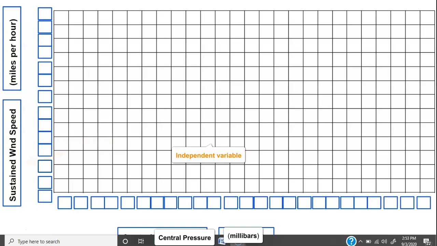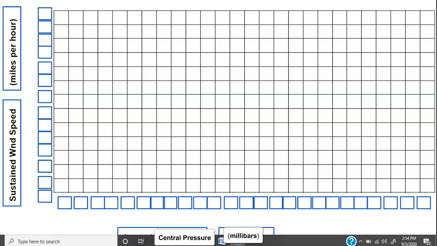And my dependent variable is the variable I'm measuring for a change. In this case, it's sustained wind speed. What we want to do is look and see, is there a relationship between central pressure of a system, in this case a hurricane, and the wind speed.